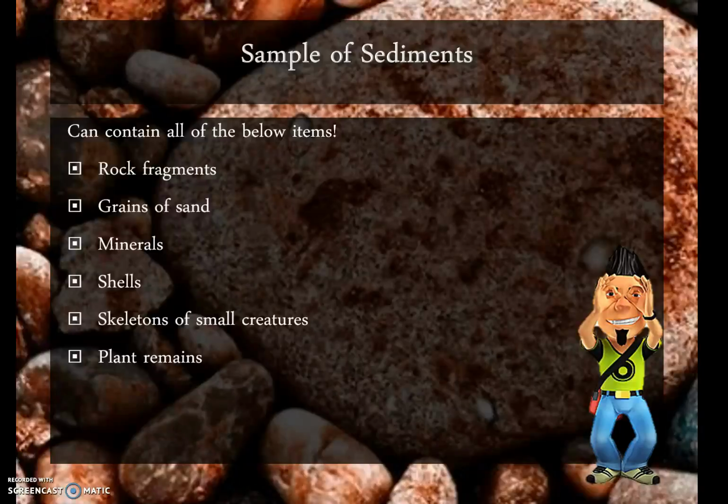So an example of what can be sediment. Sediment can be pieces of rock, grains of sand, broken pieces of minerals, shells, the skeletons of small creatures, and even plant remains. All of that is an example of what can be part of a sedimentary rock.